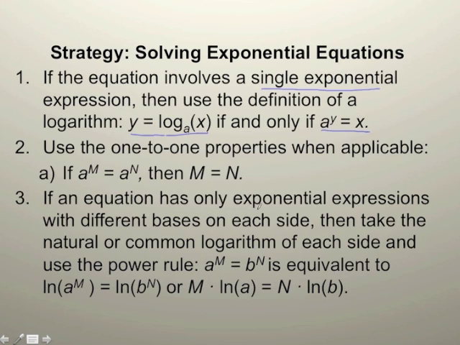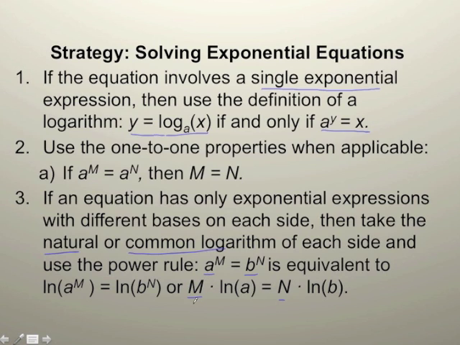If it has only exponential expressions with different bases on each side, then take a natural or a common log of each side and use the power rule. A to the m equals b to the n is equivalent to log of a to the m equals log of b to the n, or m times log a equals n times log b.